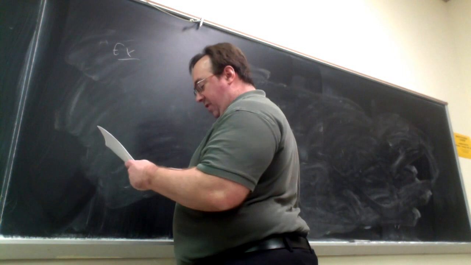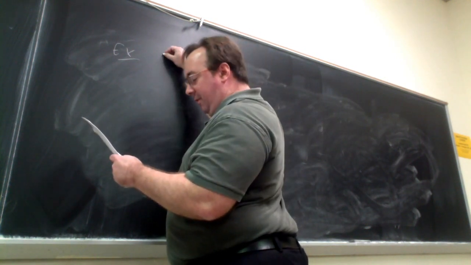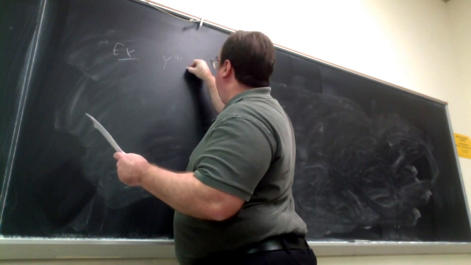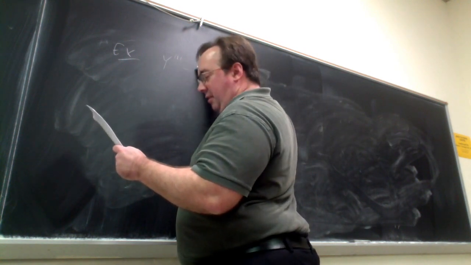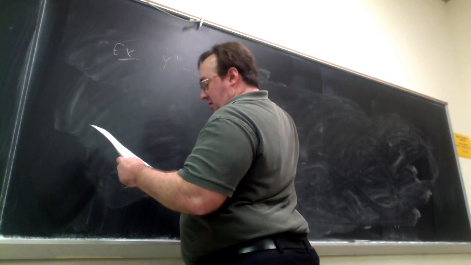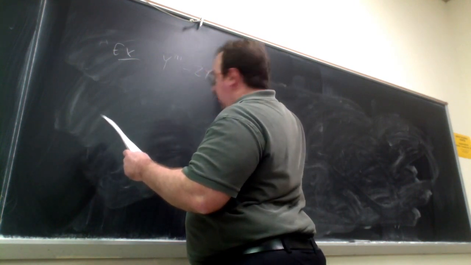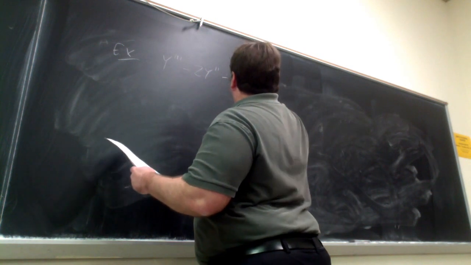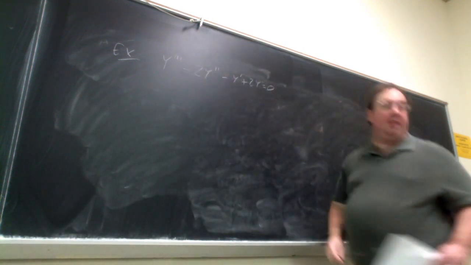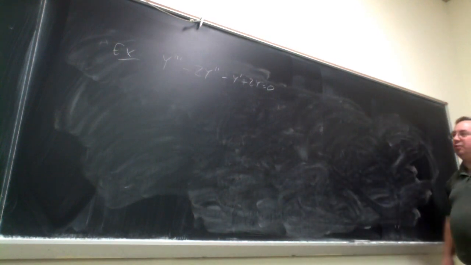Okay, so the first example is the third order equation. So y triple prime, or we want to write as y^(3) with parentheses. Don't forget the parentheses. Okay. So this is your third order equation to start with.